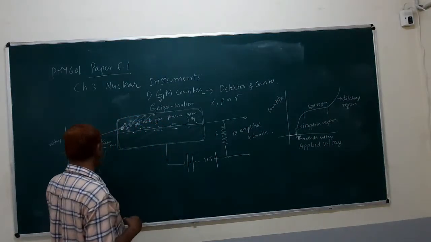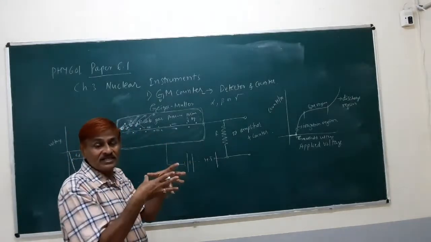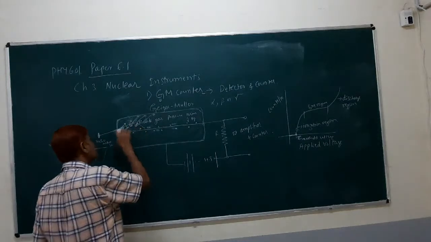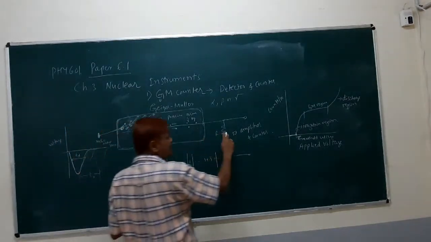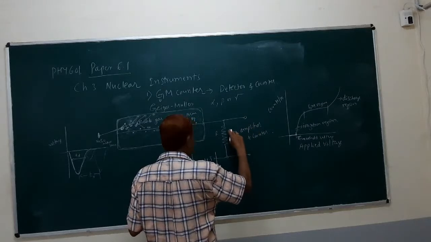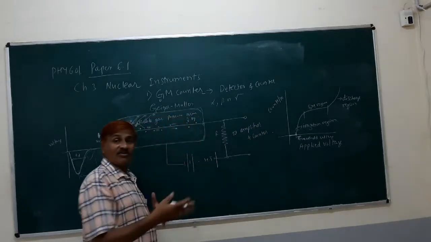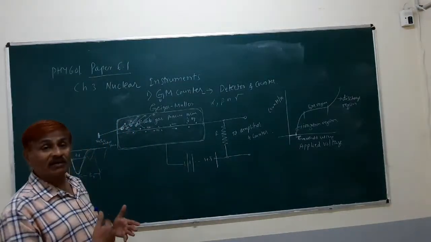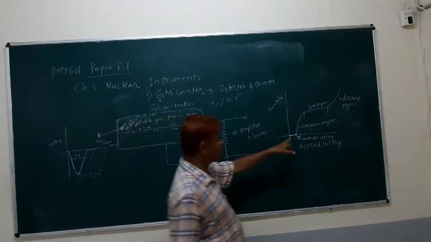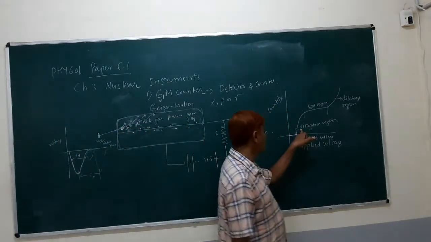So what is the information we got? The ionization process has taken place in the tube because of a particle entering the tube. This pulse is processed through an amplifier and further counted. So counts come once the voltage crosses the threshold voltage.